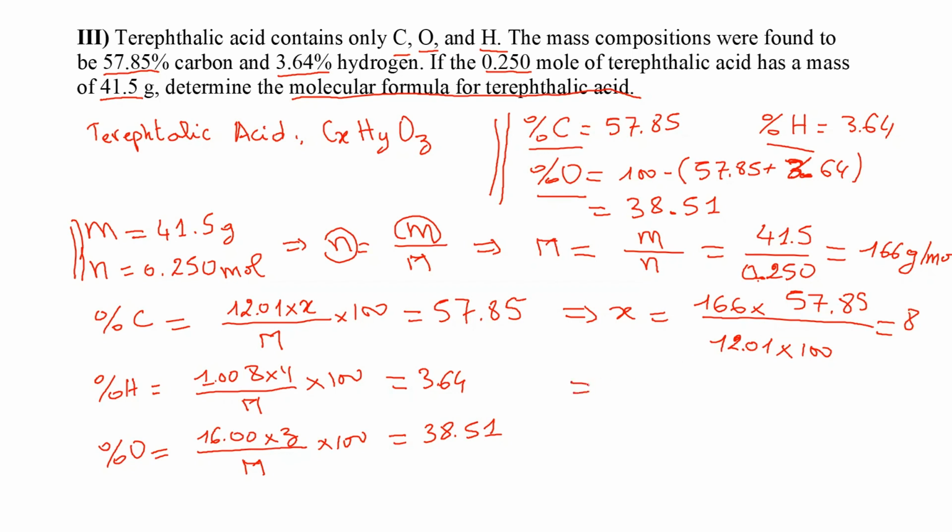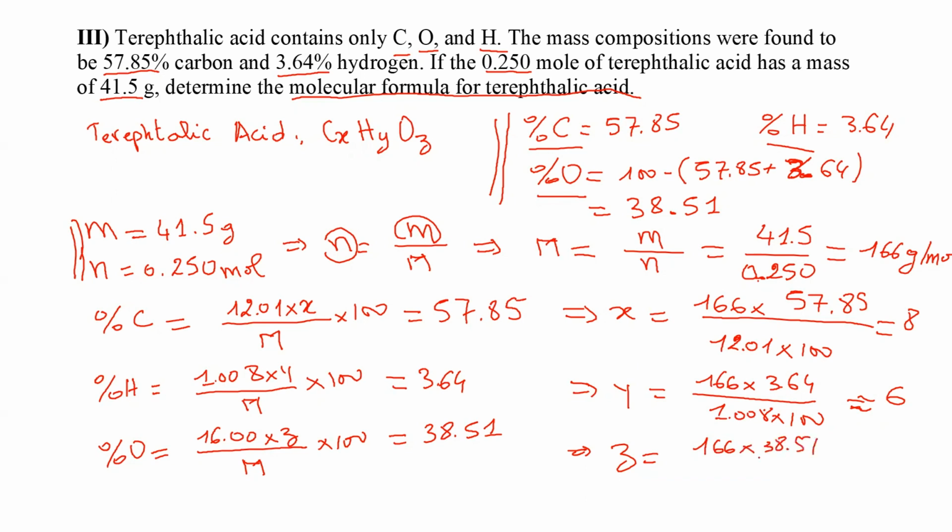And you can deduce Y similarly. So we have 166 times 3.64 divided by 1.008 times 100. And you will get 6. Okay? And if you check the Z value, they have 166 times 38.51 divided by 16.00 times 100.